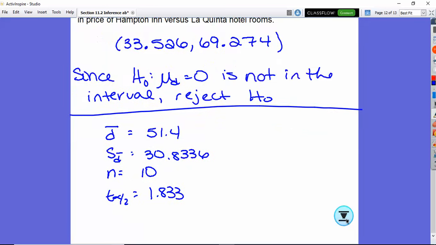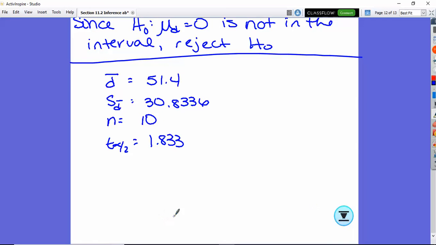So then it's just a matter of plugging that into our confidence interval formula, which is the mean plus or minus the t times the standard deviation divided by the square root of n.